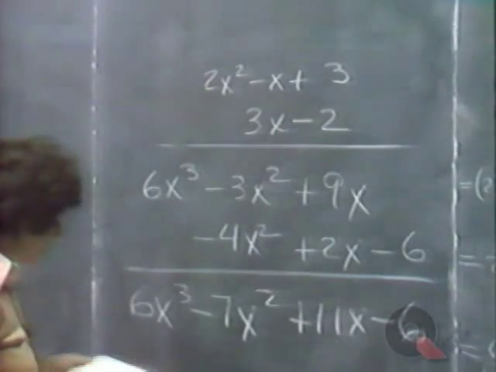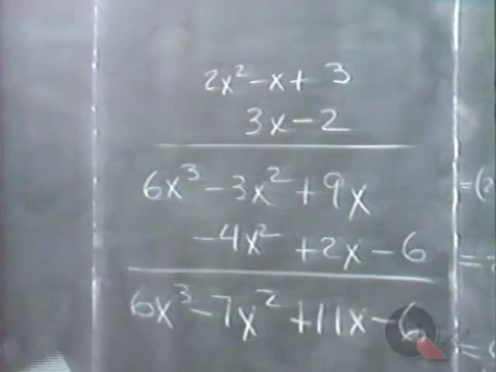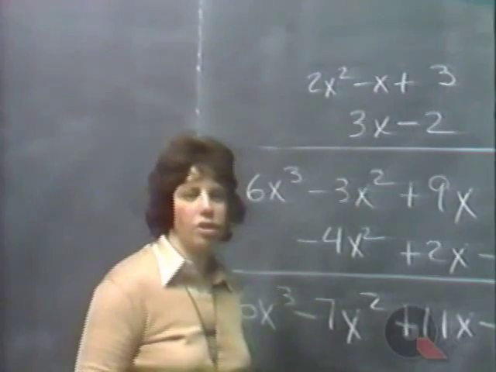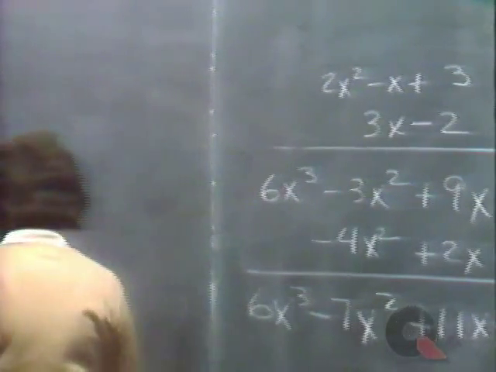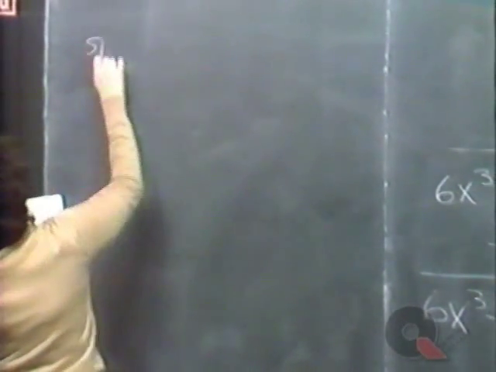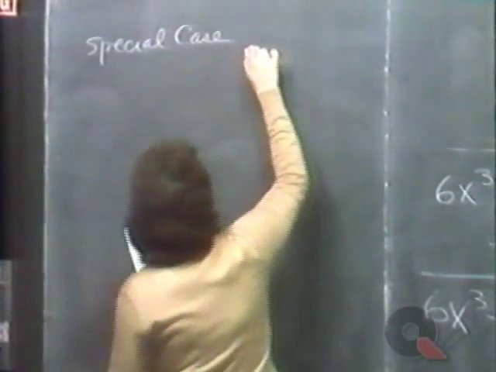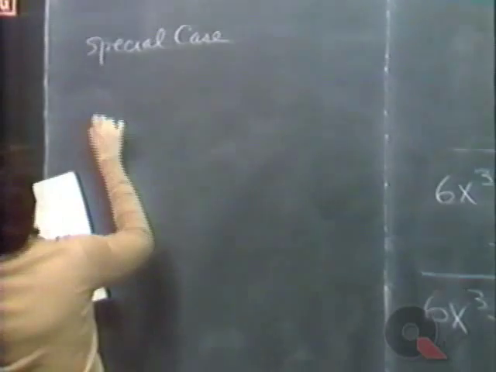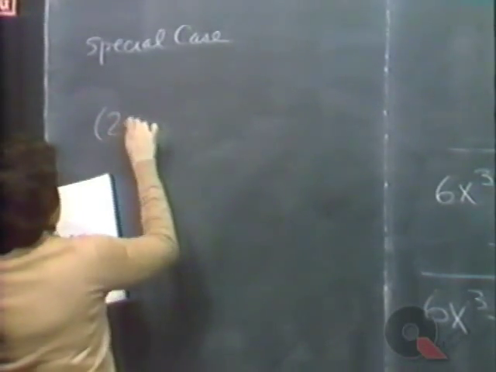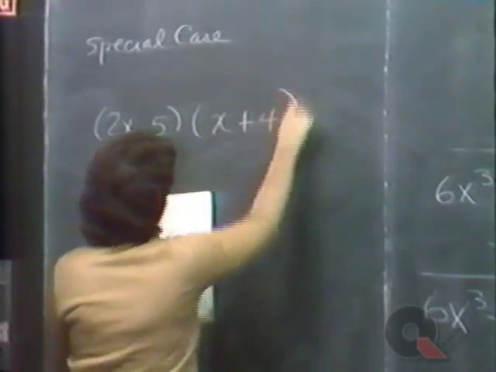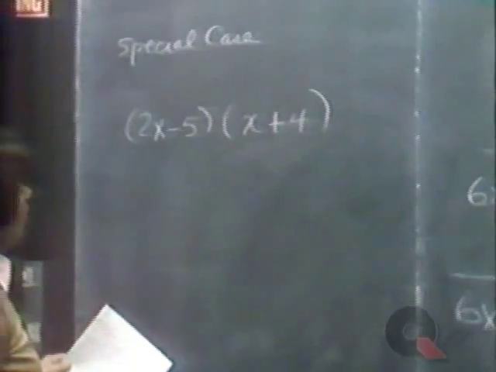Now, there is a special case of polynomial multiplication which is particularly simple to handle. It's when you have a binomial times a binomial. Let me give you an example. Special case of multiplication. You're multiplying a binomial, let's say 2x minus 5, times another binomial, x plus 4.